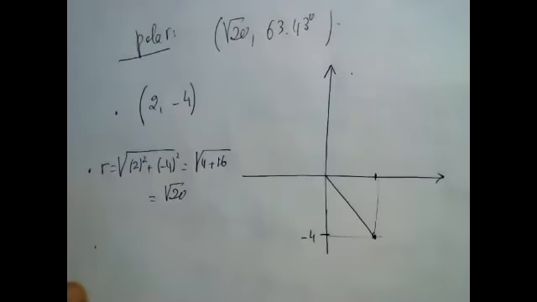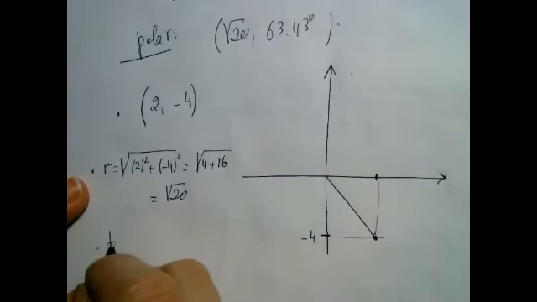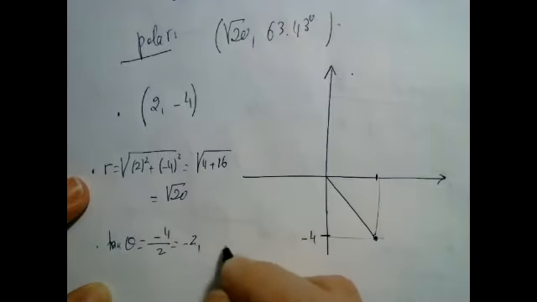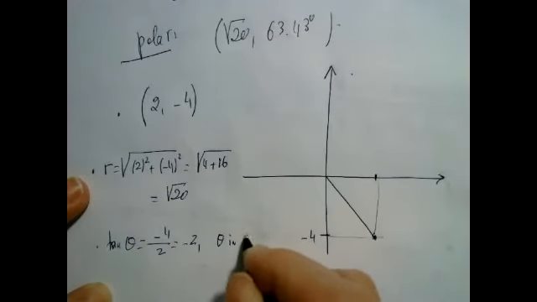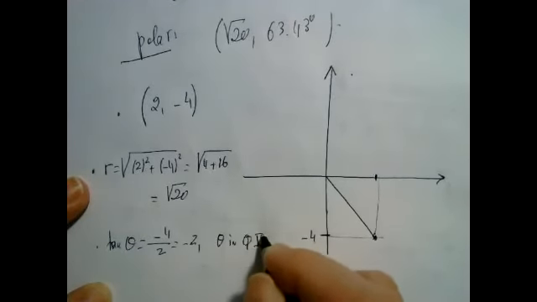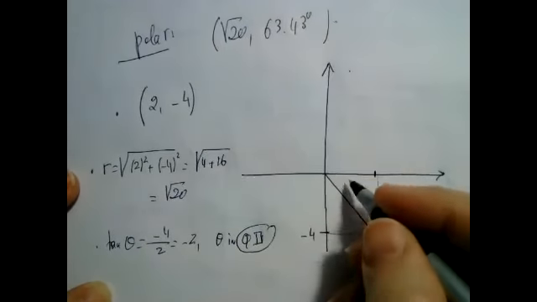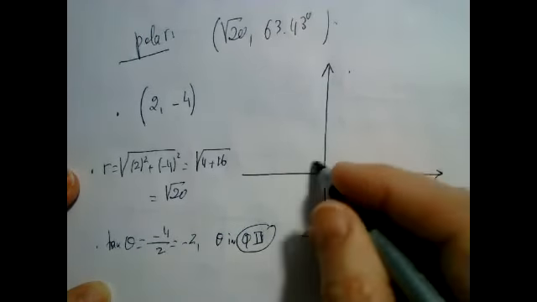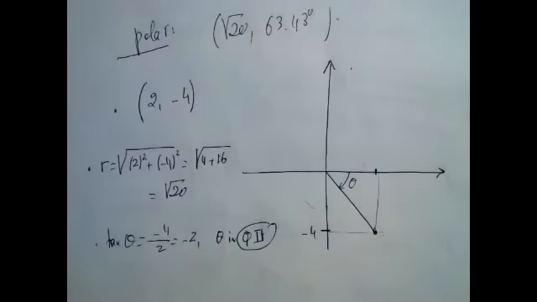Now for theta, tangent theta is y over x, which is minus 2, and theta is in quadrant 4. So you can say theta is negative or you can say theta is positive, whatever you want.